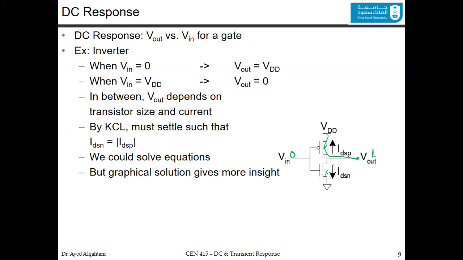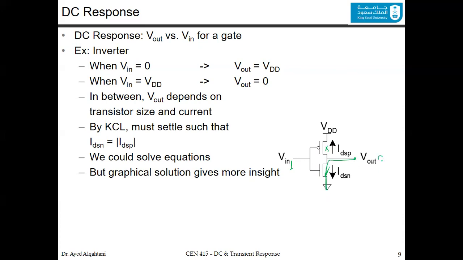If you have the other case where you have 1 in the input, the output is going to be 0 because this one is going to be off, since you have 1 here, and this transistor, the NMOS, is going to be on, which means that this node is discharging its value to the ground.